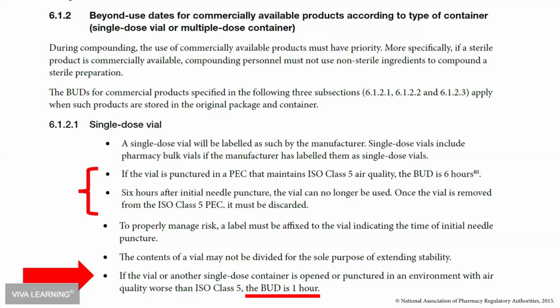And this is the very bottom of the slide, with the arrow: if the vial or another single dose container is opened or punctured in an environment with air quality worse than ISO class 5, meaning not under a hood, the beyond use date is 1 hour. Which now, geez, I mean, I just bought this whole vial. It's got 500 potential doses in it. I can't use 500 potential doses in 6 hours or in 1 hour. So I'm going to end up throwing a lot of this away.